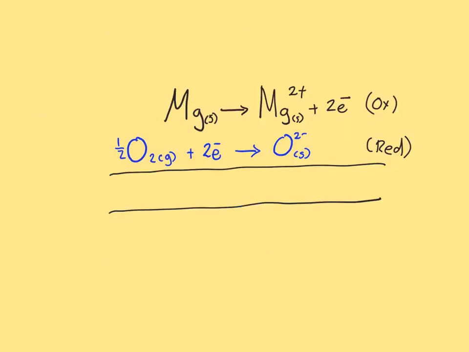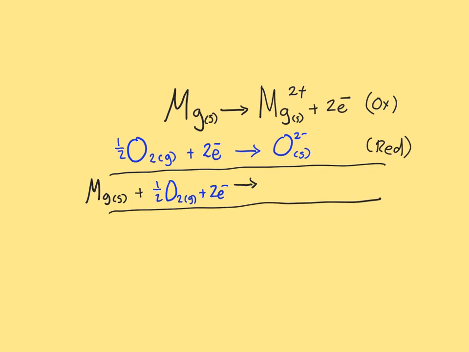So if we look at the half equations where magnesium is being oxidized and oxygen is being reduced, we can now combine the 2 half equations by bringing both sides down and adding them both together. So on this side we have magnesium plus half a mole of oxygen molecules plus 2 electrons.